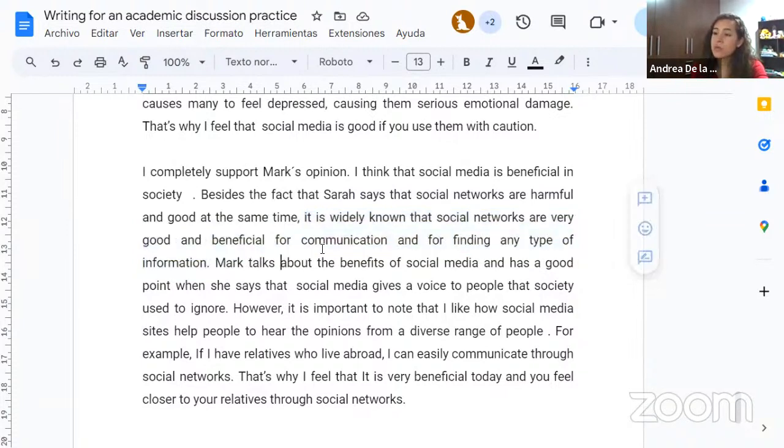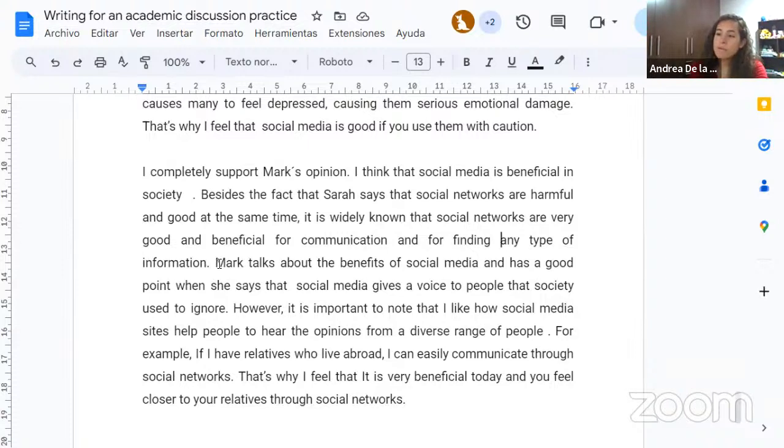And second, I wouldn't mention communication because Mark already mentioned this. So I would focus on the other one, finding information. So rephrase this. Besides the fact that social media helps everybody stay connected, it is also widely known that it's beneficial for finding any type of information or from acquiring information.